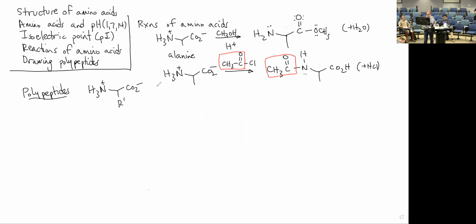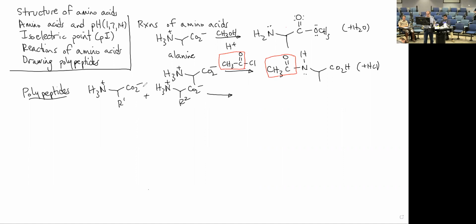I'm just going to make two generalized amino acids, and I'm going to call their side chains R1 and R2. I wish I'd used another color. Well, we'll work it out.